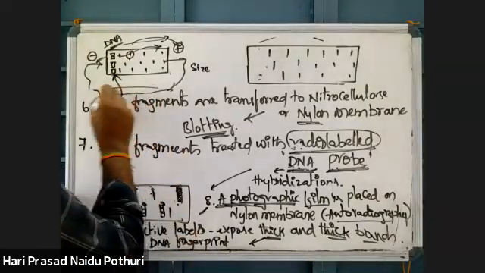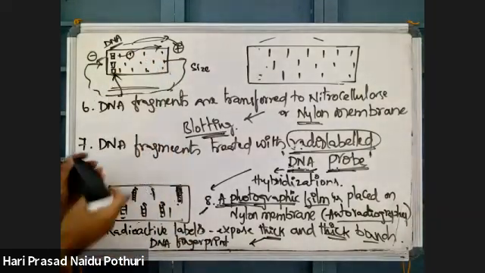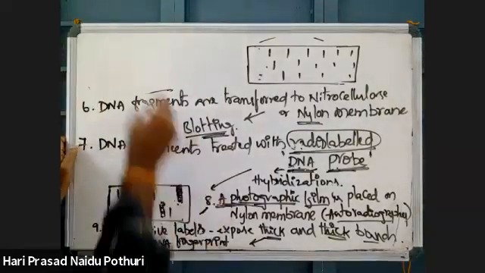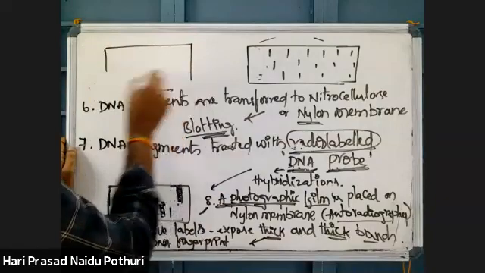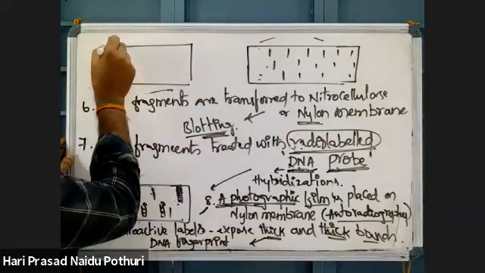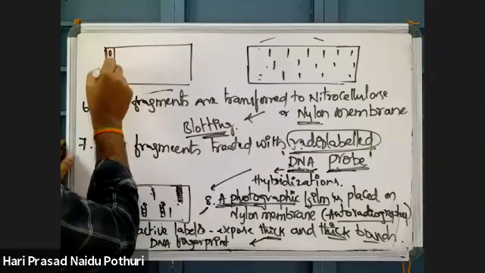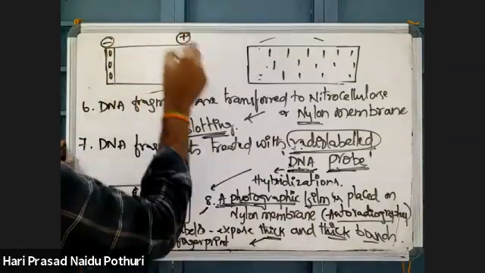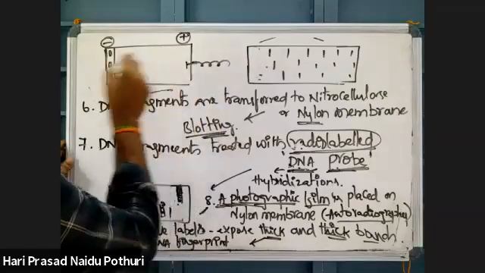Now, what does this step mean? This is the agarose gel plate. On the agarose gel plate, there is a connection with cathode and anode.